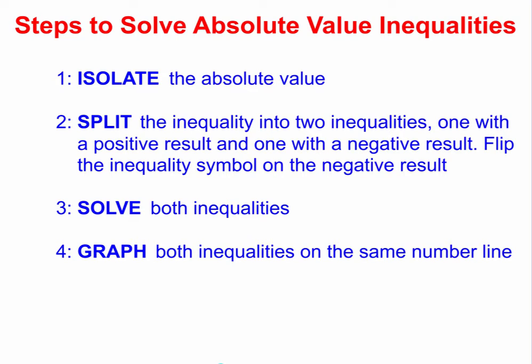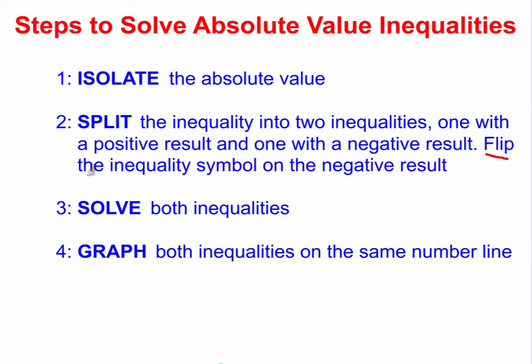The process for solving an absolute value inequality is very similar to the process for solving an absolute value equation. Our first step is to isolate the absolute value, get the absolute value by itself on one side. Second step, split the inequality into two inequalities, one with a positive result and one with a negative result.